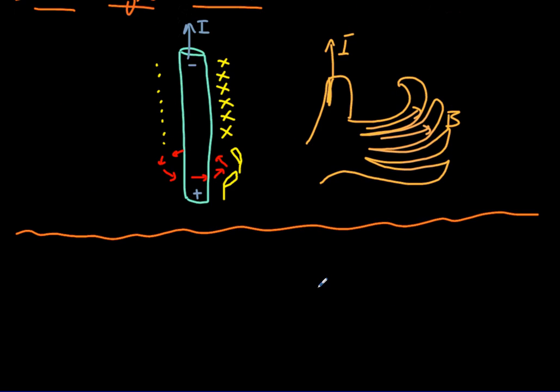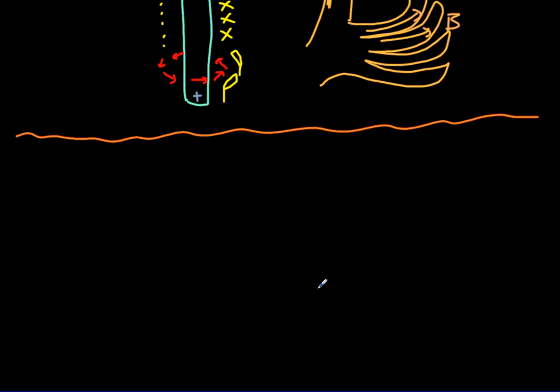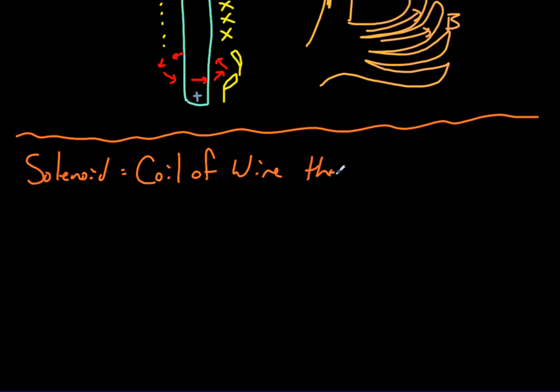So before we get to that, let's talk a little bit about what a solenoid is. A solenoid is a coil of current carrying wire that basically sets up a magnetic field within itself.